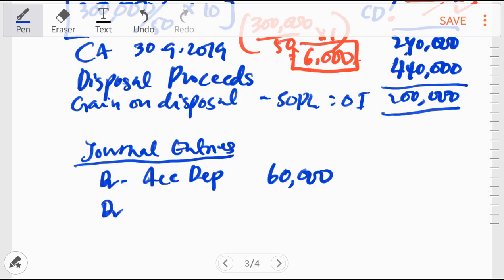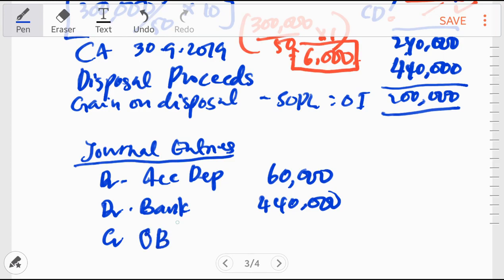You debit your bank 440,000, and what you derecognize is your office building, OB, office building, that's better.